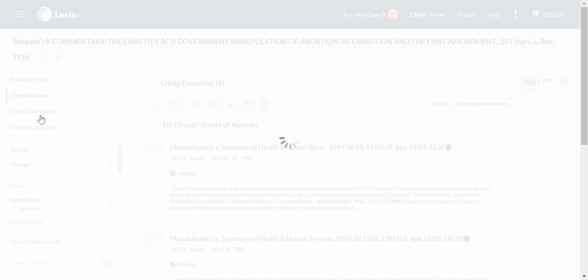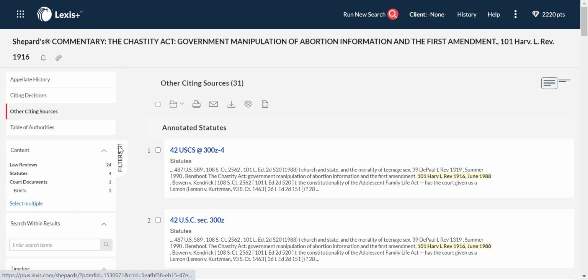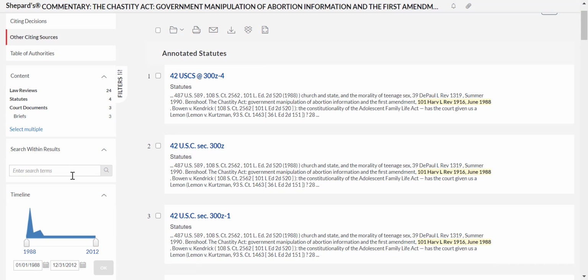Other citing sources is going to be other law review articles, treatises, any briefs that have mentioned this law review article, and statutory annotations as well. So again, we have a lot to work with in terms of learning more about our topic just from the Shepard's report, and also expanding our research or narrowing our research using search within results or the filters on the left.